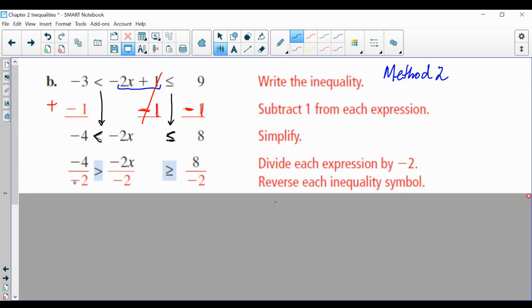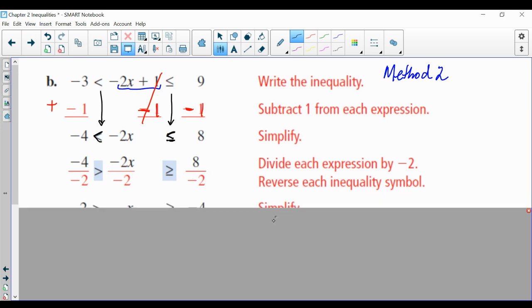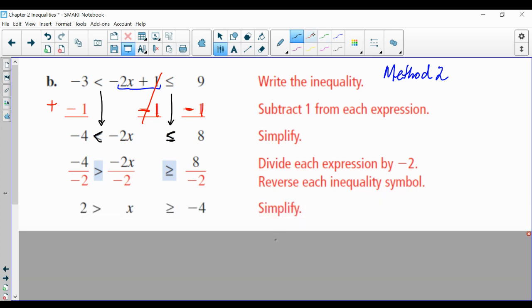So when I divide here by a -2, here by a -2, and divide that 8 by a -2, I have to reverse the signs. Those signs get reversed.